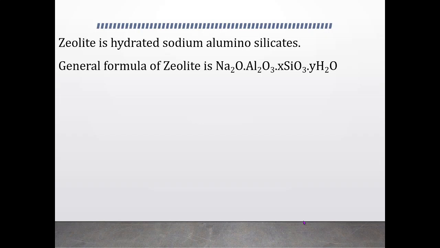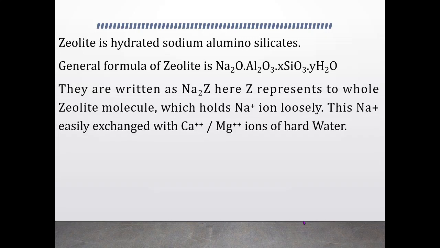Now out of that, Al2O3.xSiO2.yH2O is represented as Z. So instead of the whole formula we can write zeolite as Na2Z, where Z represents the whole zeolite molecule which holds Na ions loosely.